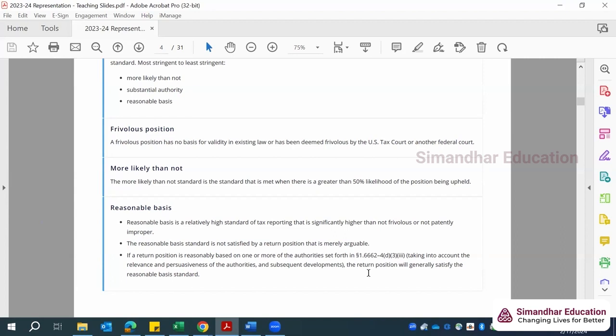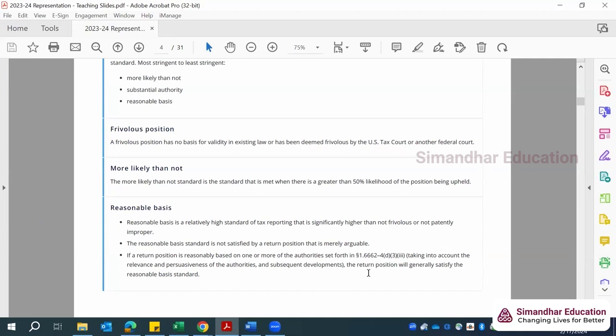So if I am your return preparer, I should reasonably believe that I have filled out that form, or I have asked the taxpayer to give me the details so that I can fill out the form on their behalf, or I have reached out to the taxpayer to get receipts of the payments that they have done. So I reasonably believe that whatever I have done is correct. So at least I will be able to sustain my position, or I can say that I have abided by the rules and regulations. I've read the publications, and based on that, I have prepared the tax return.